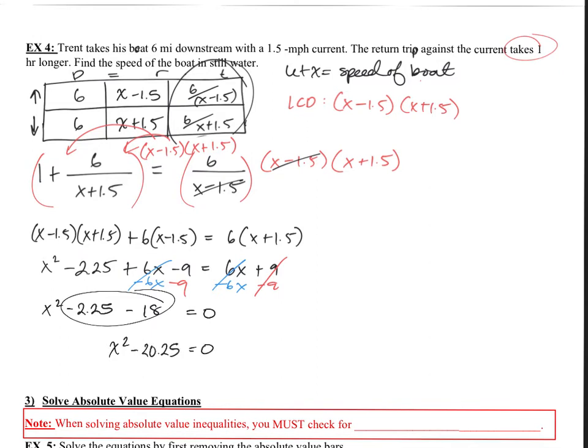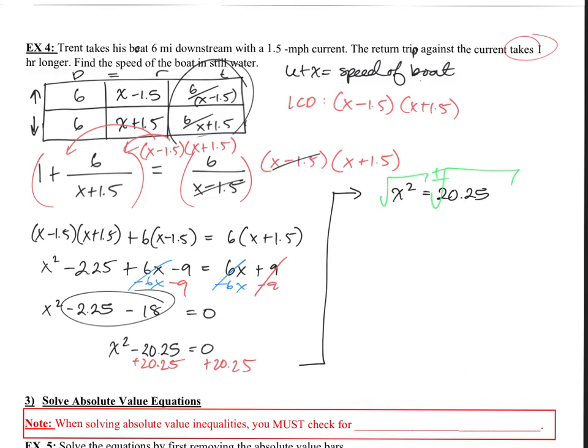You know what? We could try the square root property because we don't have just an x term. We only have the x squared. Let's do that. Change of plans. Let's add the 20.25 to both sides. I'm going to try to use the square root property. x squared equals 20.25. All right, let's take the square root of both sides. When we do that, please remember plus or minus, very important.